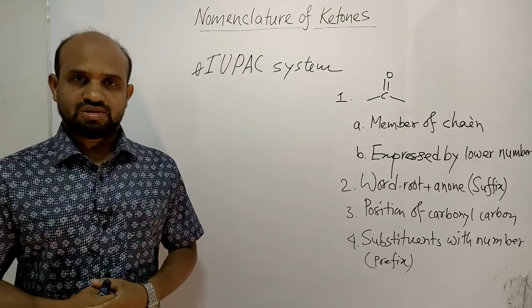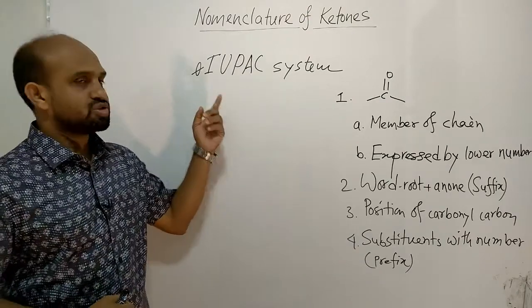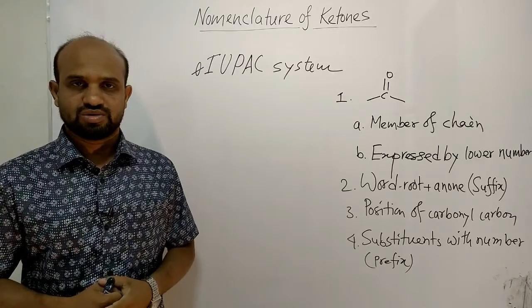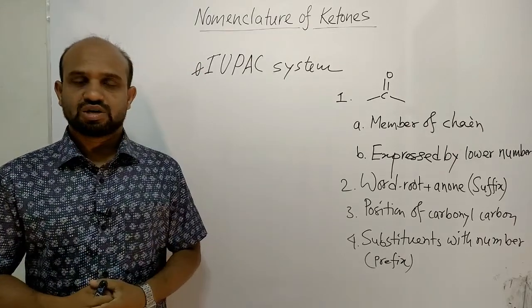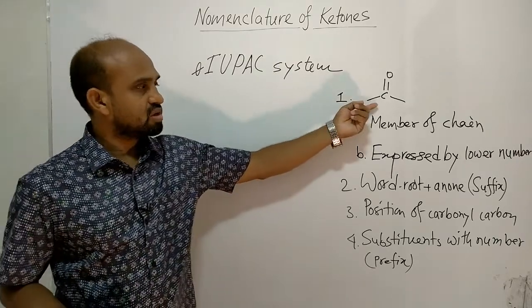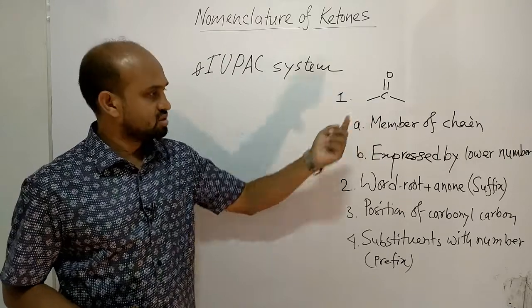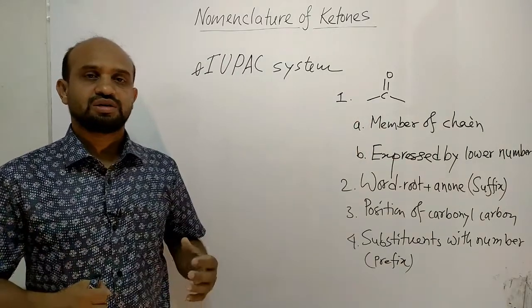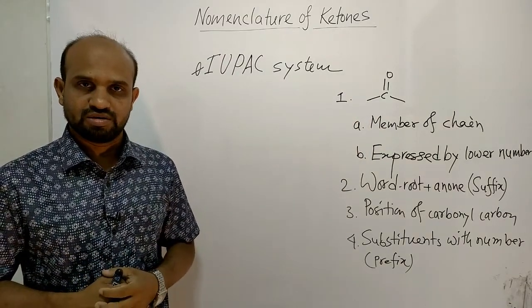My dear students, the point is now the trivial system to name the ketones. These points are to be kept in mind. First of all, the carbonyl carbon is considered as a member of the carbon chain.